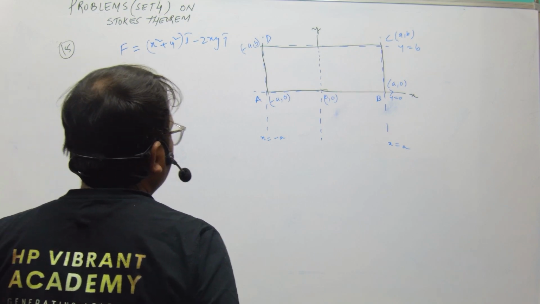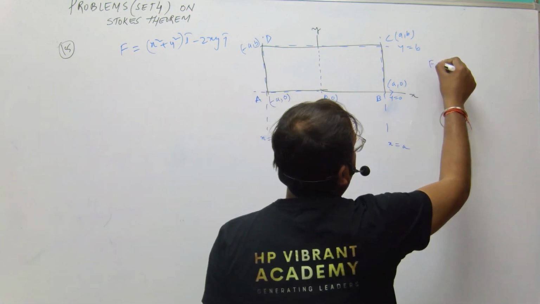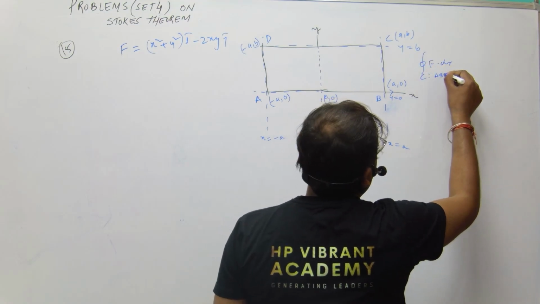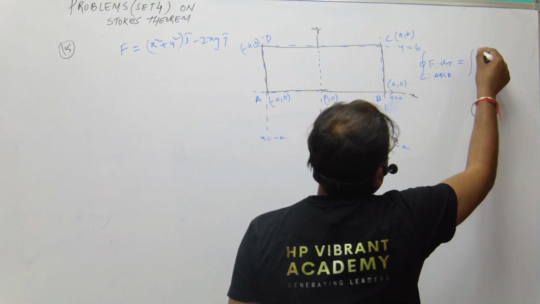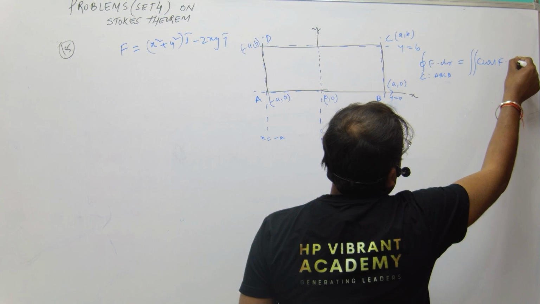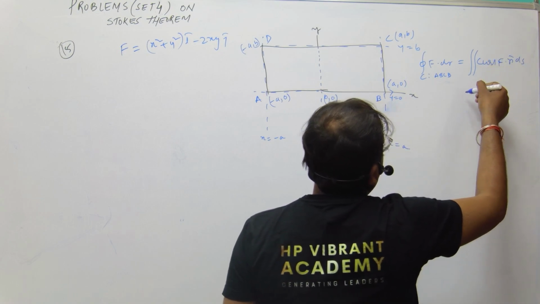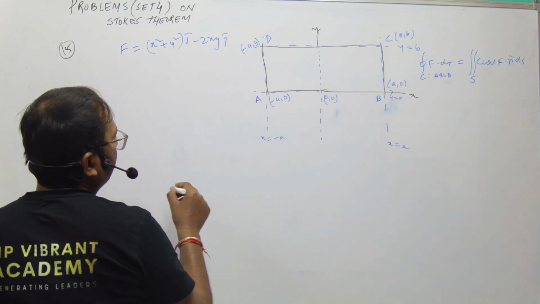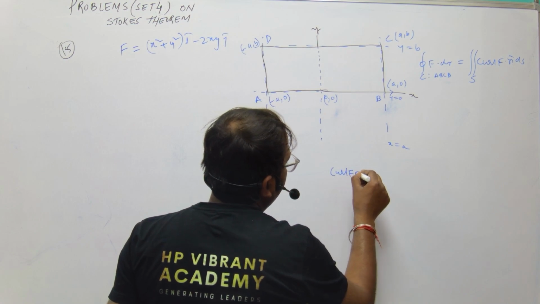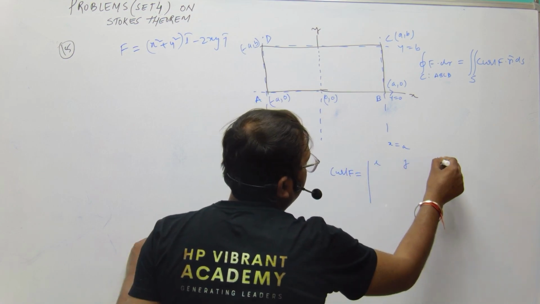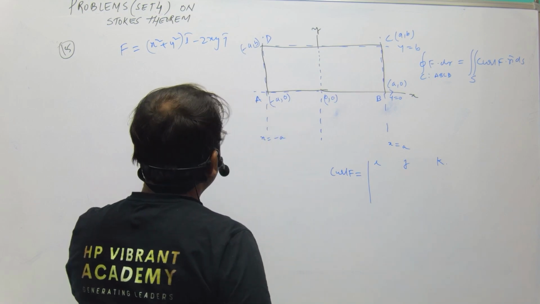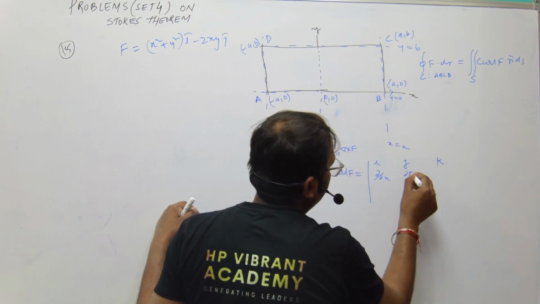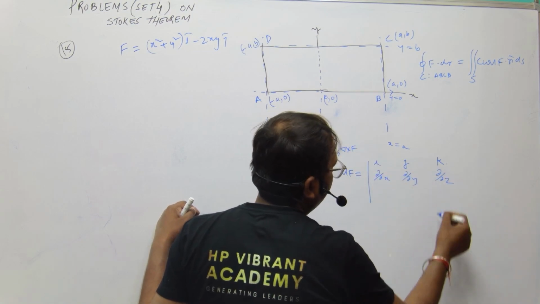Okay, so now let us verify the Stokes theorem. As per Stokes theorem, we have the integral of F dot dr along the curve C, where curve C is ABCD, equal to the surface integral of curl of F dot n cap ds along the surface S. So let us calculate the value of curl of F. The curl of F is equal to the determinant of i, j, and k, that is del cross F, with del upon del x, del upon del y, del upon del z, the components of the del operator.